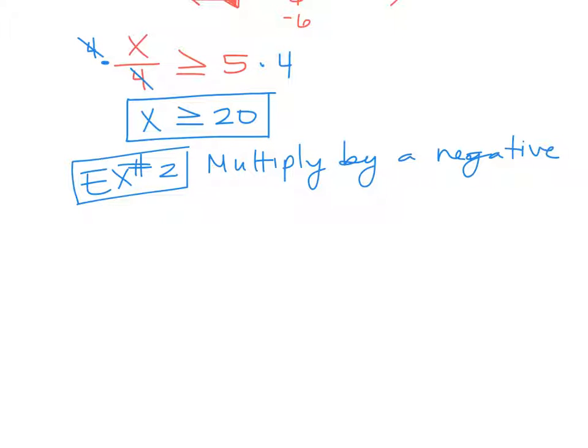Okay, so if I do something like this, -3/4 times w is greater than or equal to 3. Okay. What happens is when you multiply both sides by a negative, it totally changes your inequality, okay? So like if I wanted to solve this inequality right now, what do I multiply by on both sides?